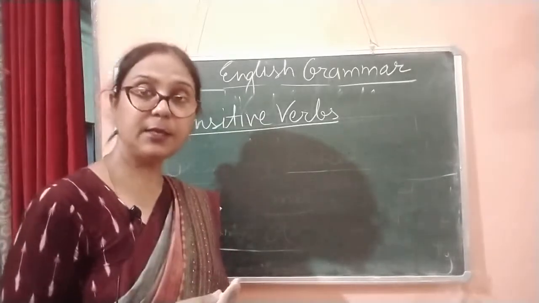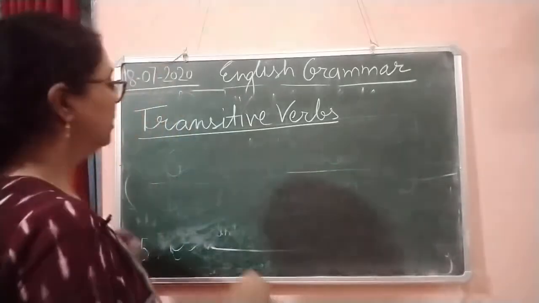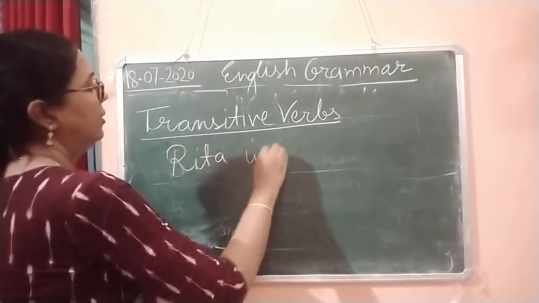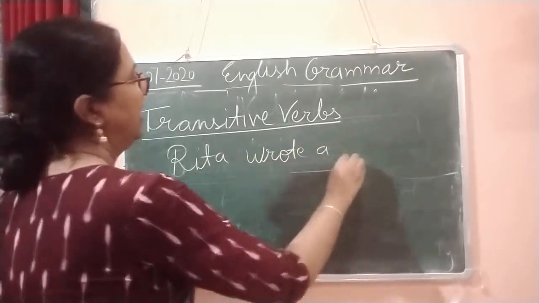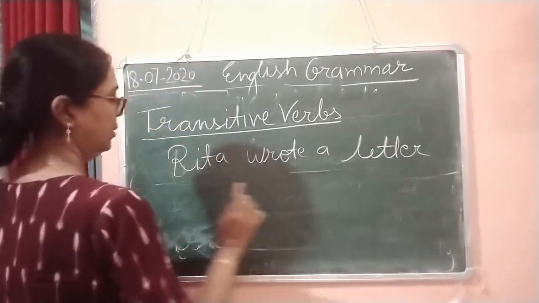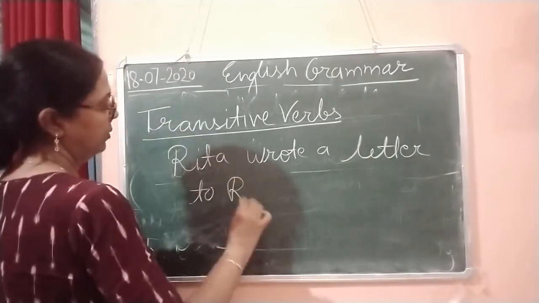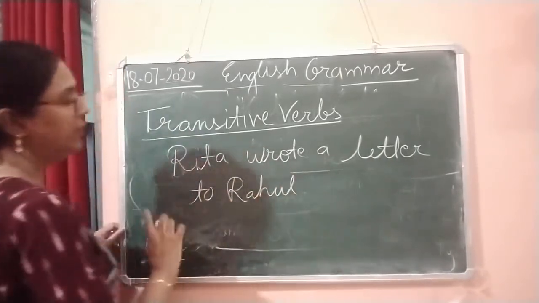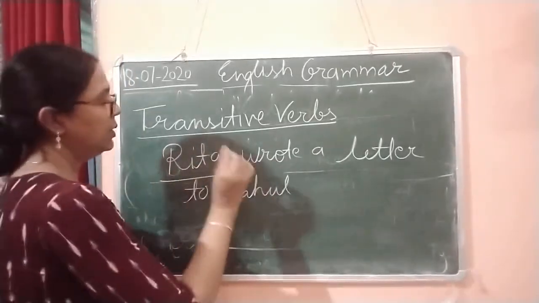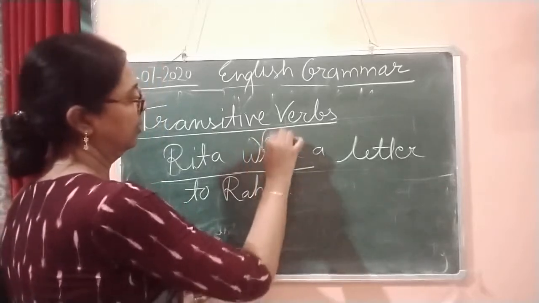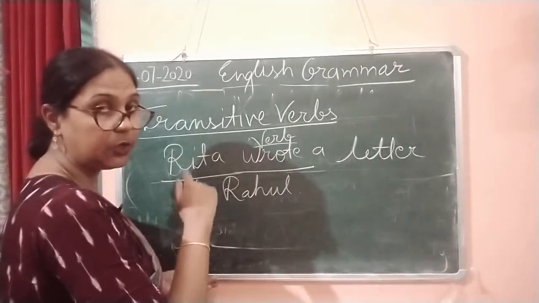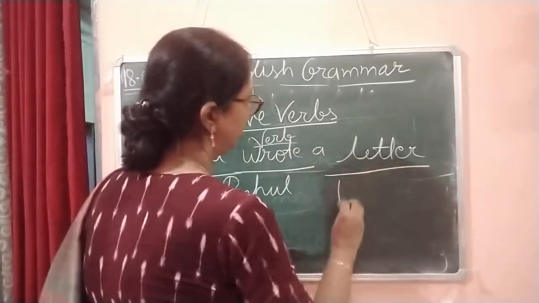Now, the next example I am going to give. Rita wrote a letter to Rahul. Now here you can see Rita is the doer, wrote is the verb, and what did Rita write? She wrote a letter. This is the direct object.